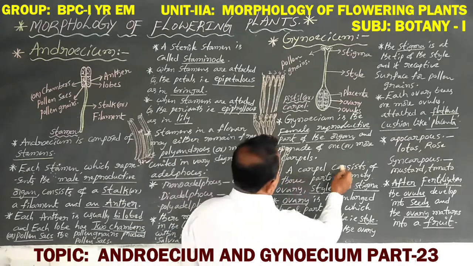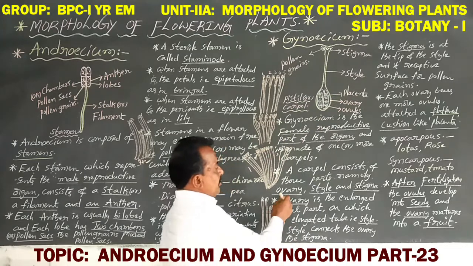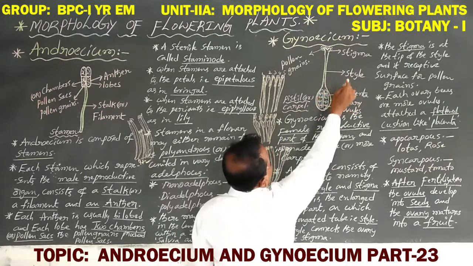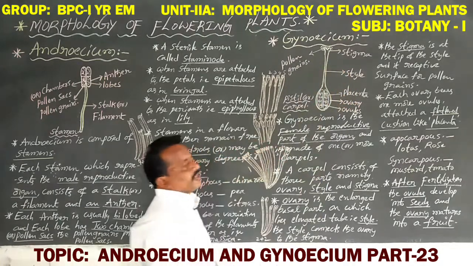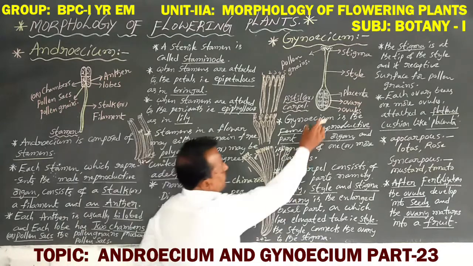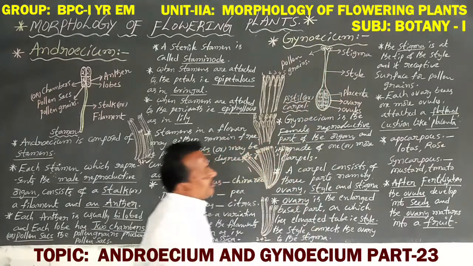And a carpel consists of three parts, namely, the first part ovary, the second part style, and the third part stigma. So this is the ovary, this is the style, and this is the stigma.